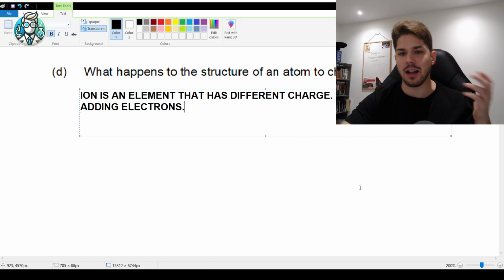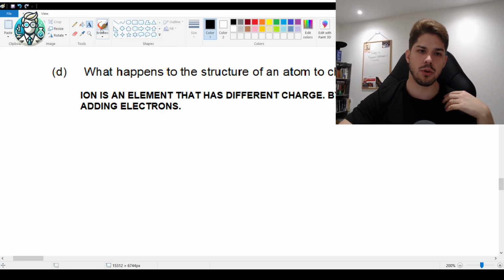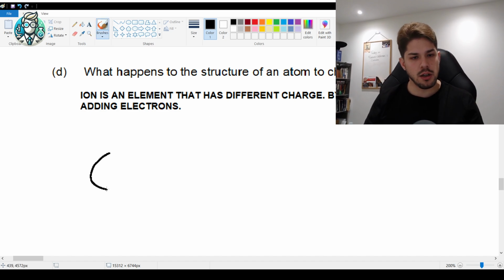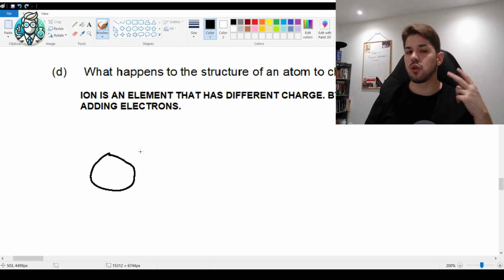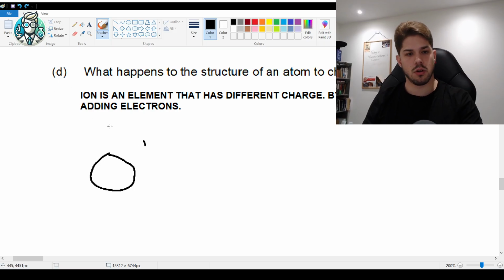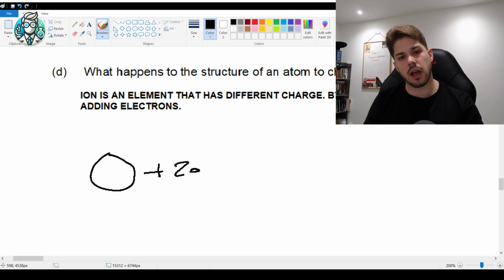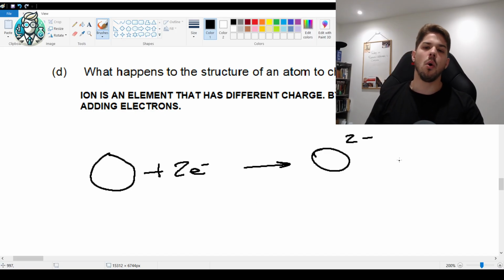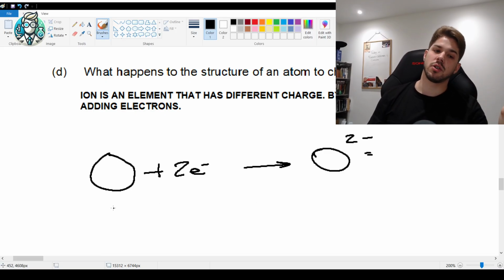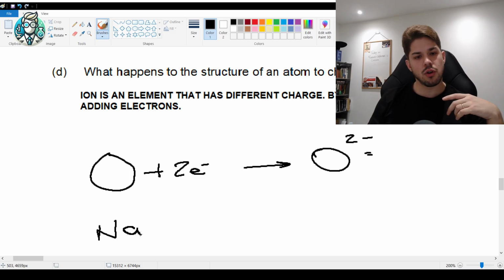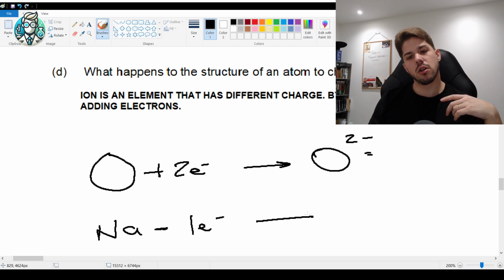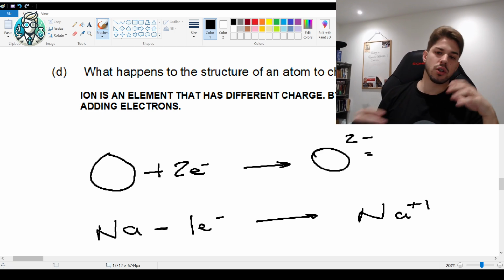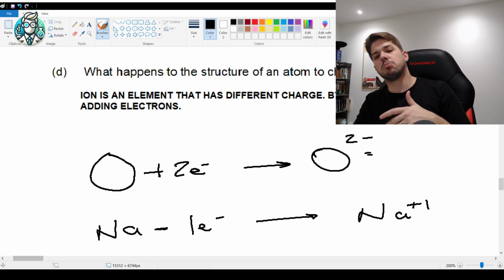If you add electrons, for example, one very common: if you have oxygen, and oxygen gains 2 electrons, oxygen now turns into oxygen 2 minus. Why negative? Because the electrons have negative charge. On the contrary, if you have sodium and you remove 1 electron, that turns into sodium plus 1. Why? Because when you remove electrons, the atom gains positive charge.